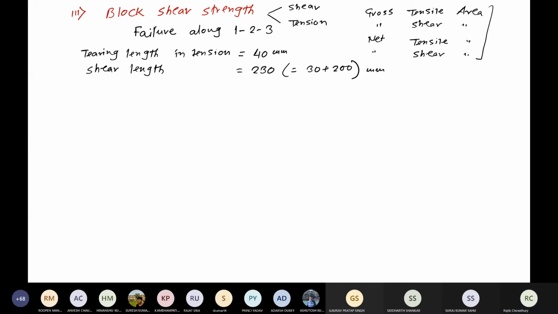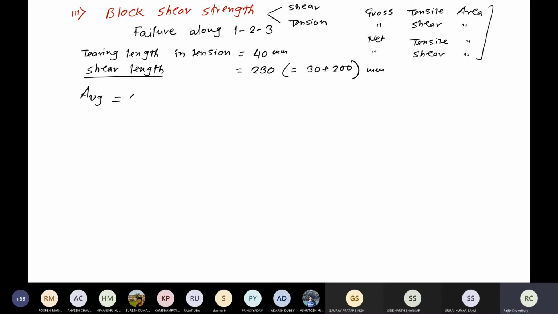Now you have to define the different areas. The gross shear area: how much would it be? You see this is the shear length, 230.